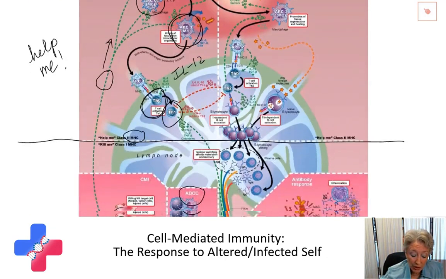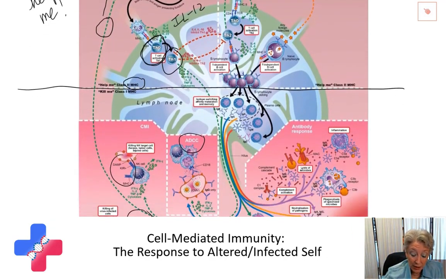When I am deciding who is going to die, if there is MHC involved, it's class 1 that allows me to recognize the kill me signal. Okay? So I always require help.